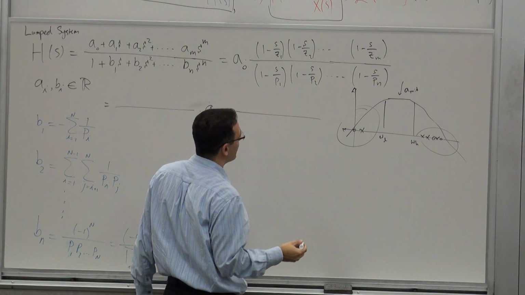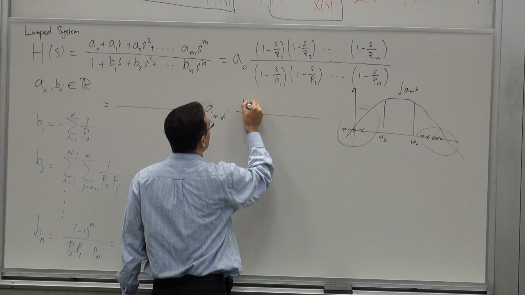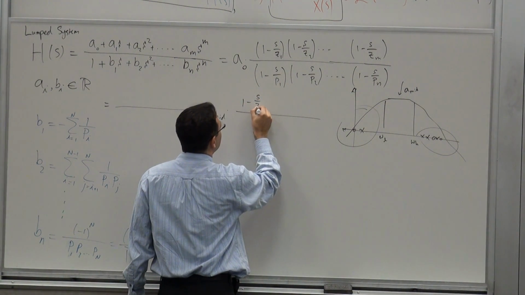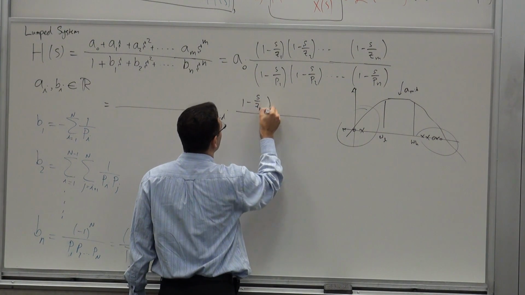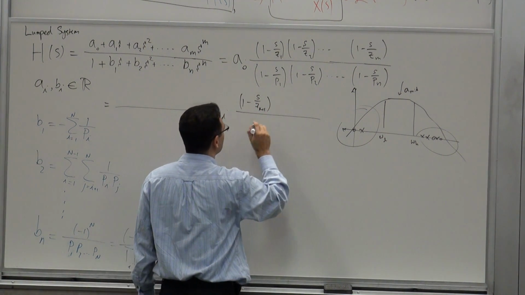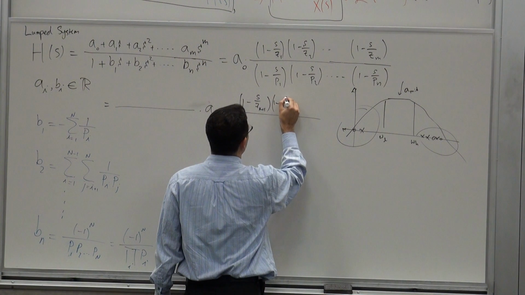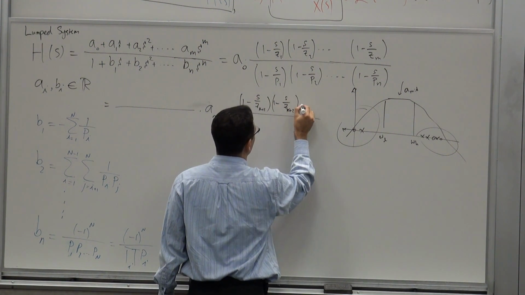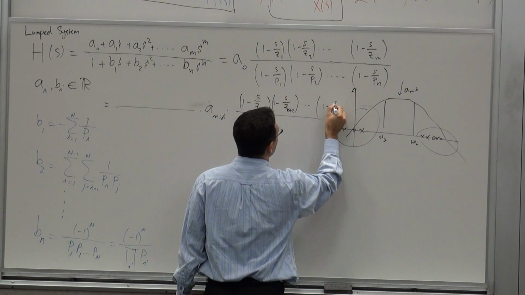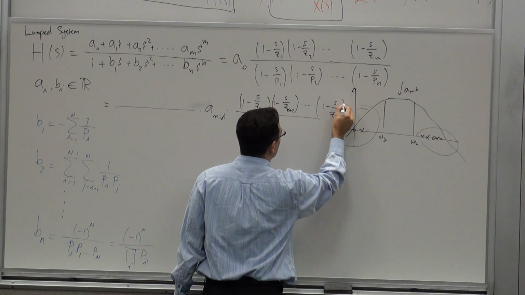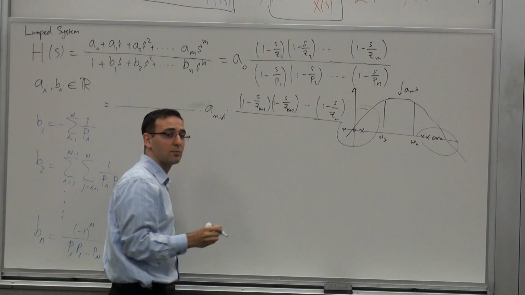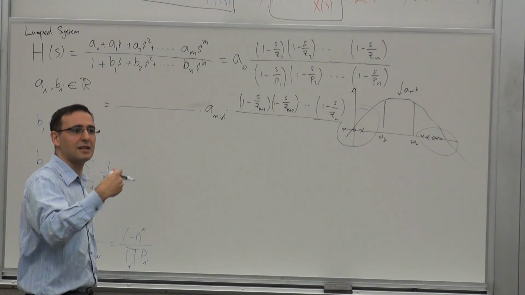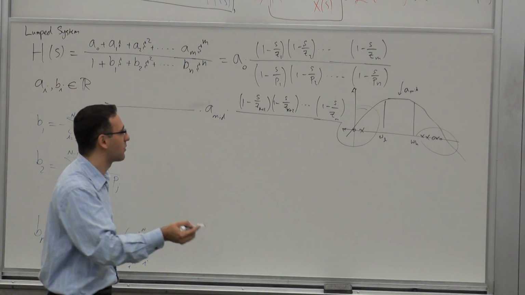So, for the stuff that I have in high frequency, I will maintain the same form, right? So it could be 1 minus S over Z_{k+1}, because there are k of them down here, 1 minus S over Z_{k+2}, all the way to 1 minus S over Z_n. Let's assume that we've numbered our poles and zeros in ascending order. So you start from the lowest frequency one and go to the higher frequency one.